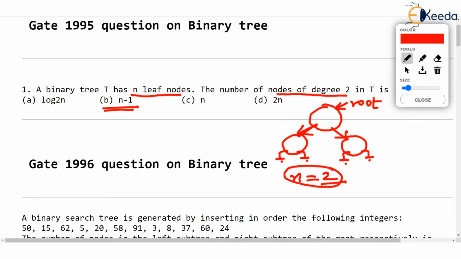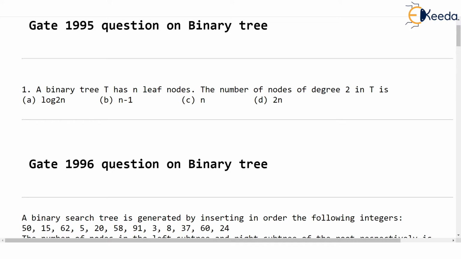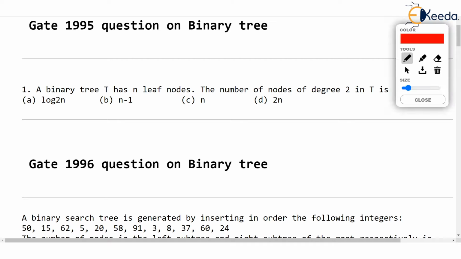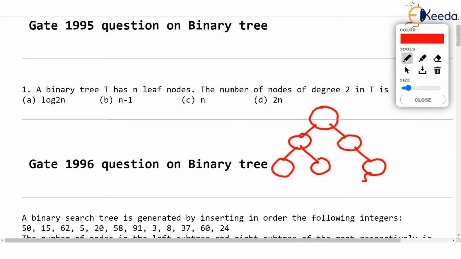But let's confirm again by drawing a bigger tree. I'm drawing some arbitrary tree, and you can also do that. Identify how many leaf nodes there are: this is leaf 1, 2 and 3. So 3 leaf nodes. How many nodes have degree 2?